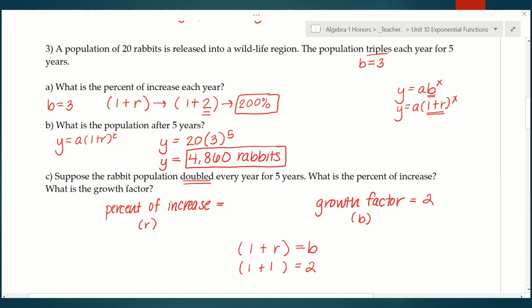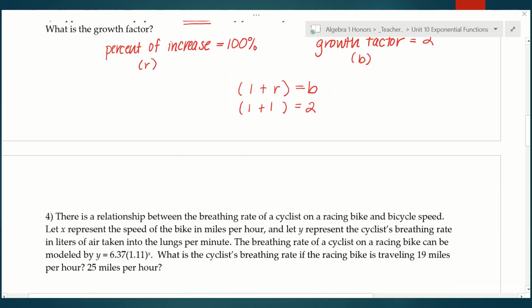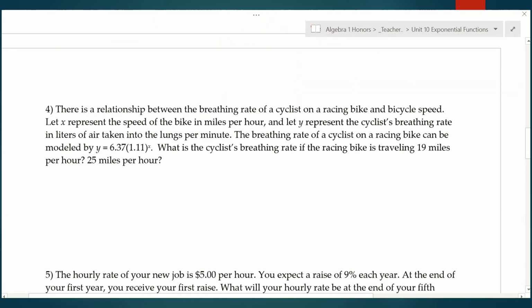Well, 1 plus 1 is 2. And what's 1 as a percent? 100%. Okay, so again, that's how you would figure out growth factor versus percent of increase. All right. Okay, number 4.